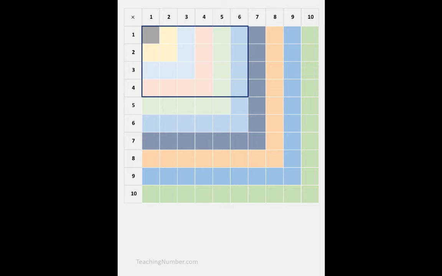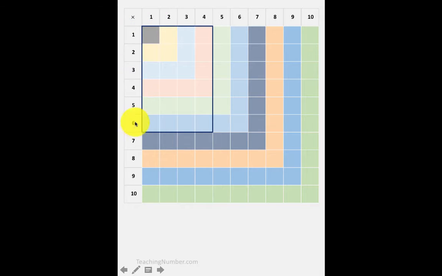Here we see a rectangle whose width is 4 units and length is 6 units. We can find the area by counting by 6. 6, 12, 18, 24. The area of a 4 by 6 rectangle is 24 square units. Here we see the same rectangle turned on its side.